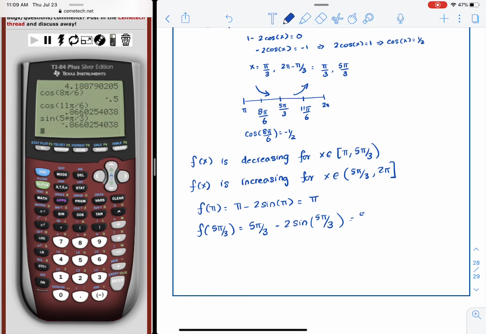It is, so 5 pi over 3 minus 2 times minus square root of 3 over 2. The 2's would get cancelled, so we have 5 pi over 3 plus root 3. f of 2 pi would simply be 2 pi minus 2 sine 2 pi. Sine 2 pi is 0. So we simply end up getting 2 pi.